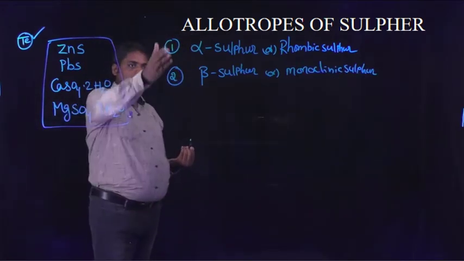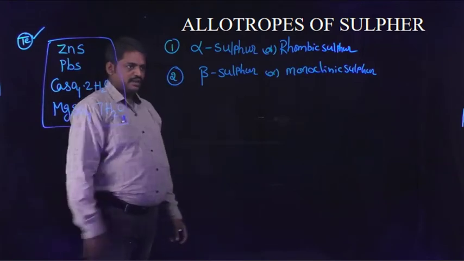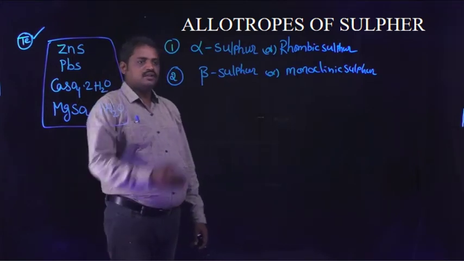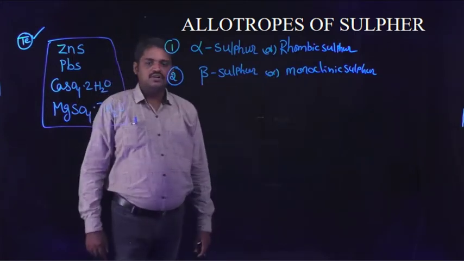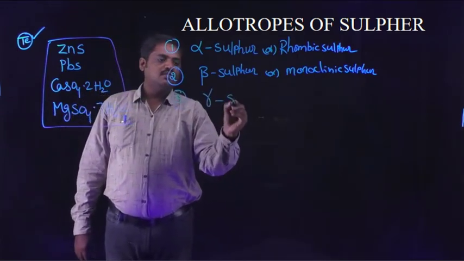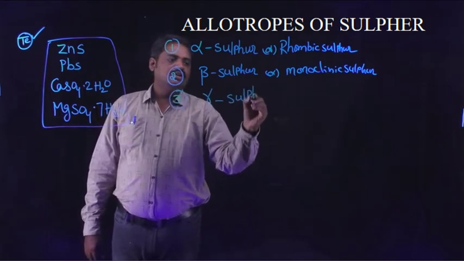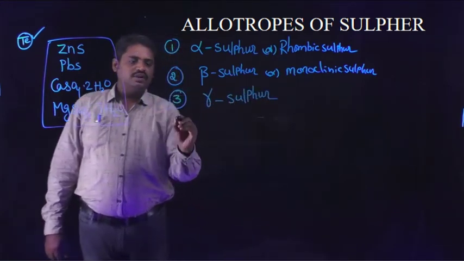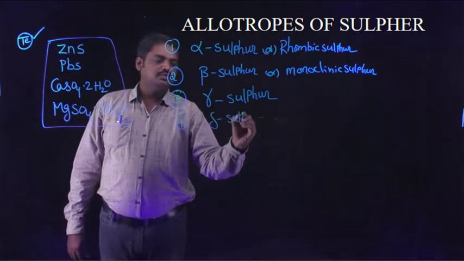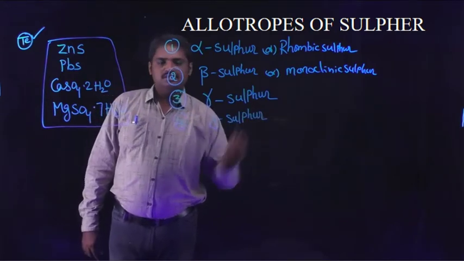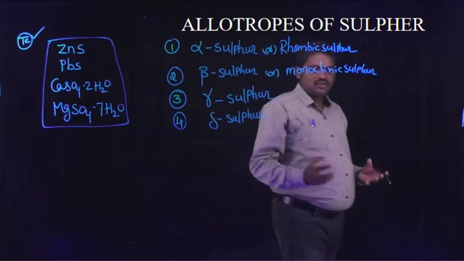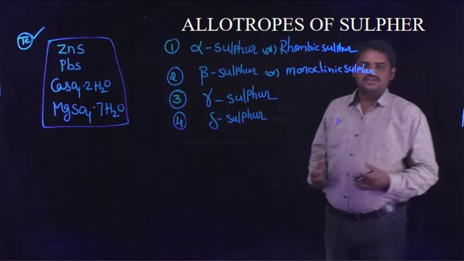The third one is gamma sulfur, and the fourth one is delta sulfur. These are the different forms of allotropes of sulfur.